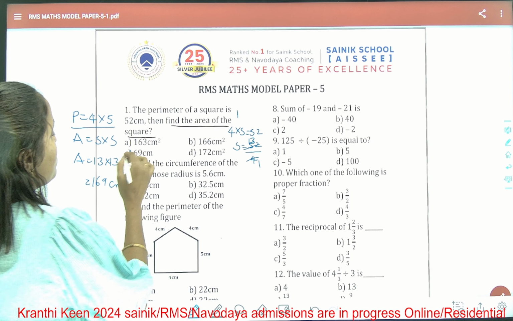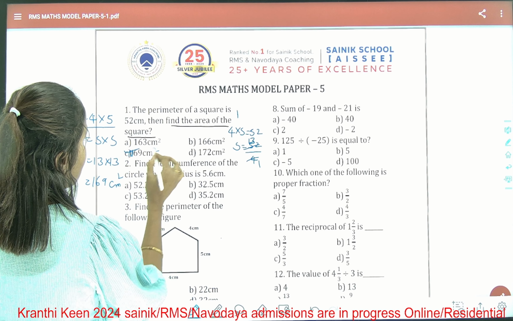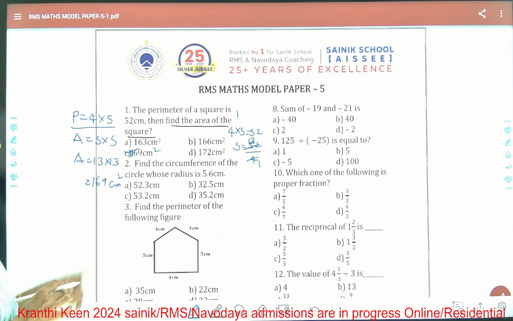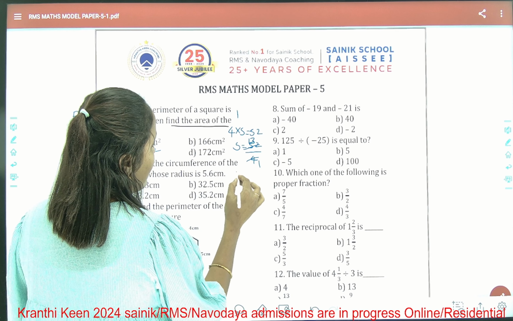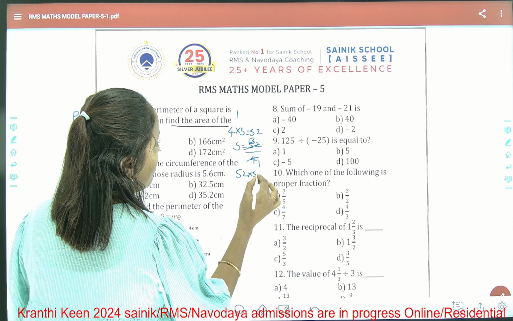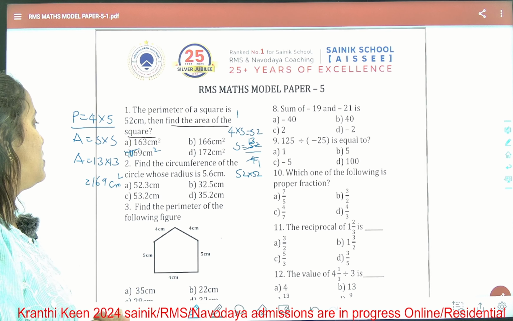Here the option is C, 169 centimeter square, is the answer. But most of the students directly take 52 into 52, and they will not get the answer from the options. They make this type of mistake.